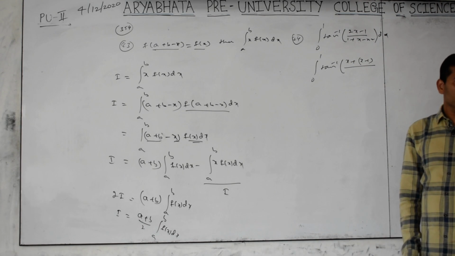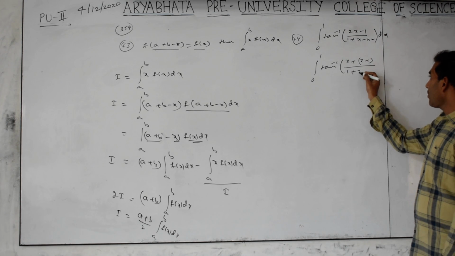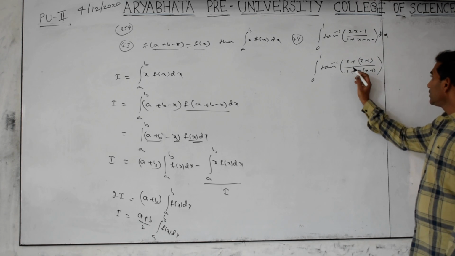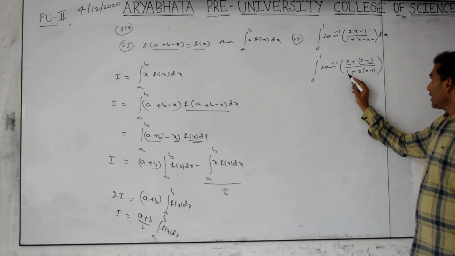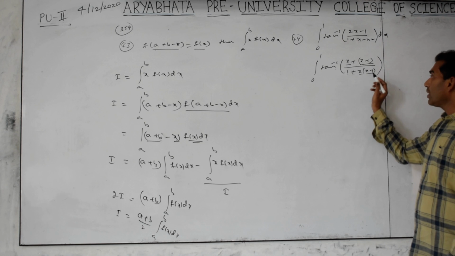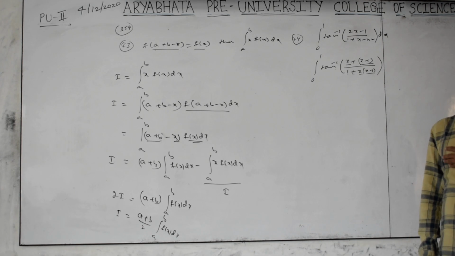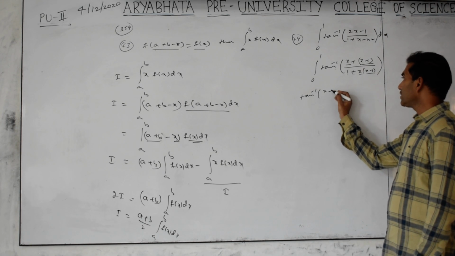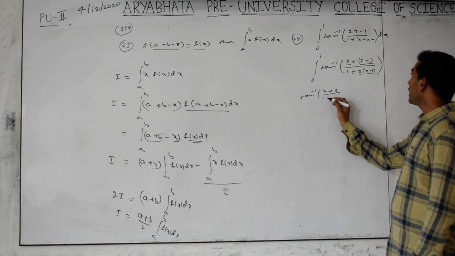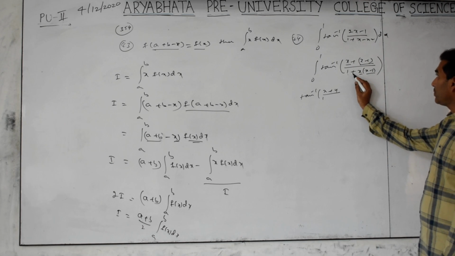X plus x is 2x, right? In 1 plus x, take common x minus 1. See, this is in the form of tan inverse of (x plus y) by (1 plus x into y). Here the minus should be there.